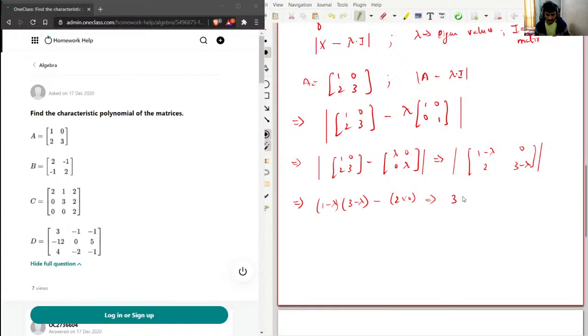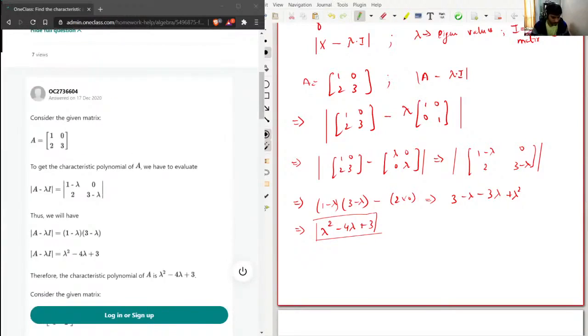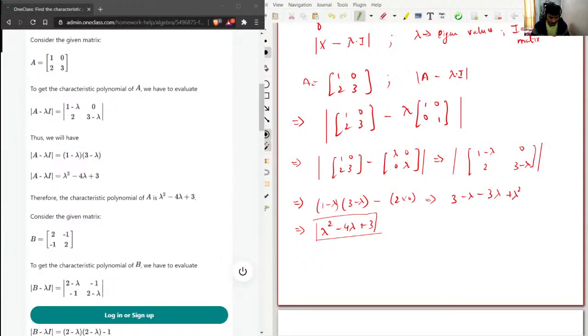So this will be 3 and this will be minus lambda minus 3 lambda, minus minus plus lambda square. This will be lambda square minus 4 lambda plus 3. So this should be the characteristic polynomial for this A matrix. I'll just cross check it with the solution given, lambda square minus 4 lambda plus 3.